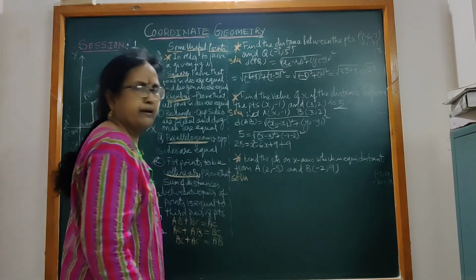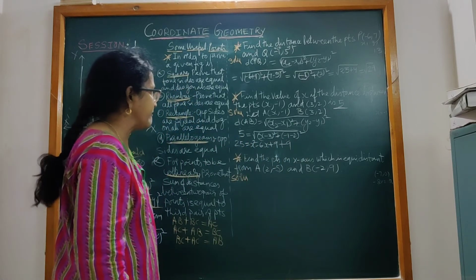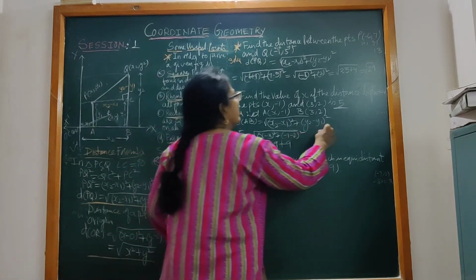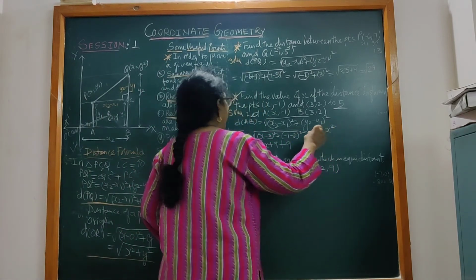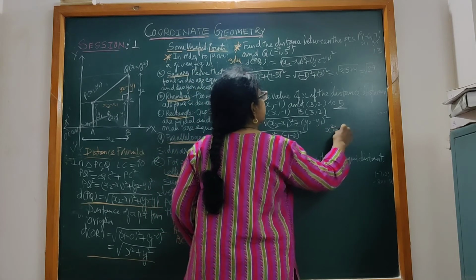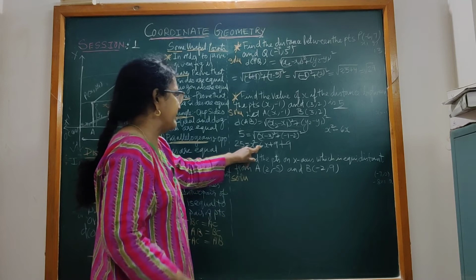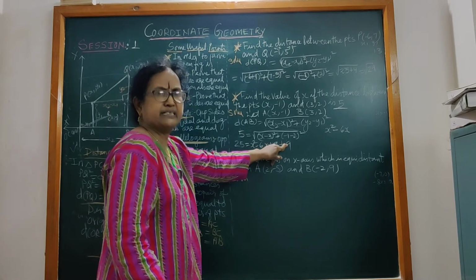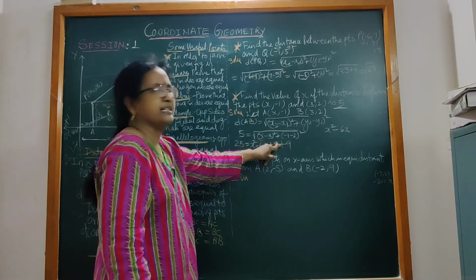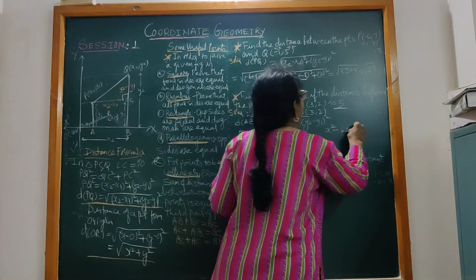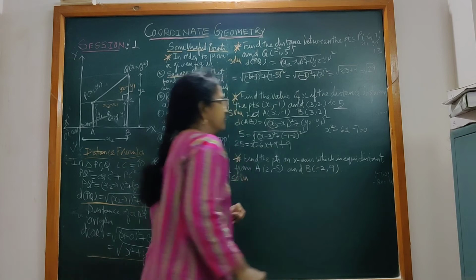The equation becomes x square minus 6x, and 18 minus 25 will become minus 7. So x square minus 6x minus 7 is equal to 0.